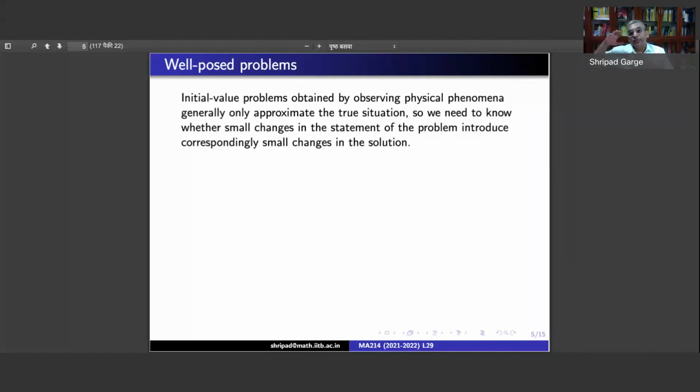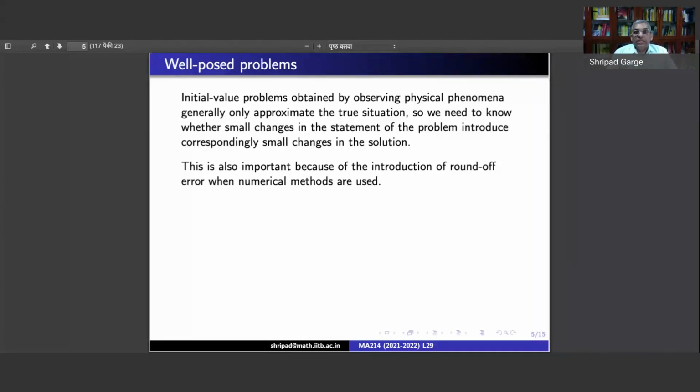We don't want that to happen. If a small change in the problem results in a small change in the solution, then we say that our problem is well posed. Okay, so let's make it specific. Of course, this is because the round off error typically does take place.